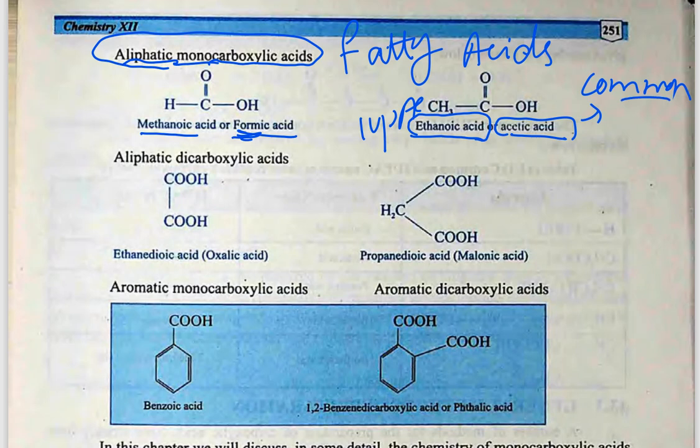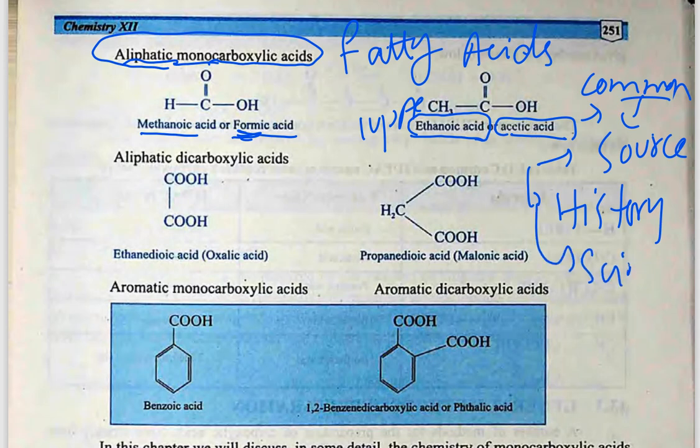The source of a common name may be the source from which that compound is obtained, or history, or the name of a scientist. These are the bases for giving the common name, and the IUPAC name is universal.